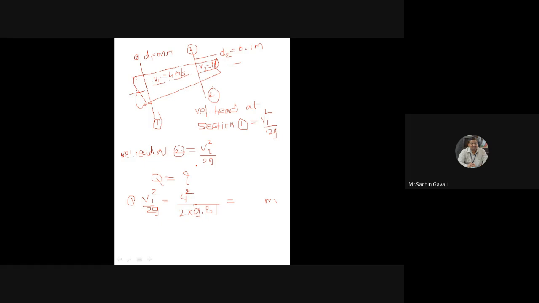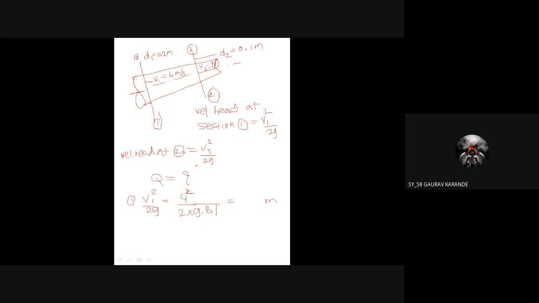Continuity equation, anybody knowing? How can we calculate V2?